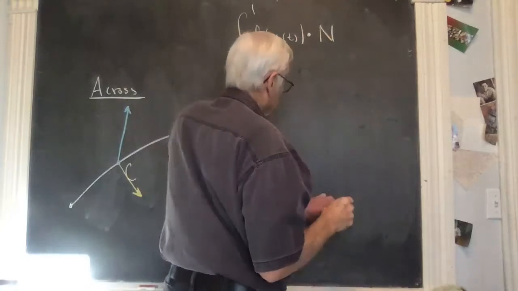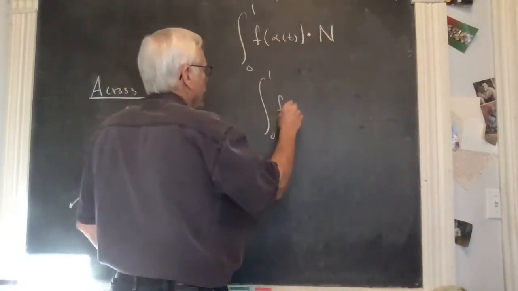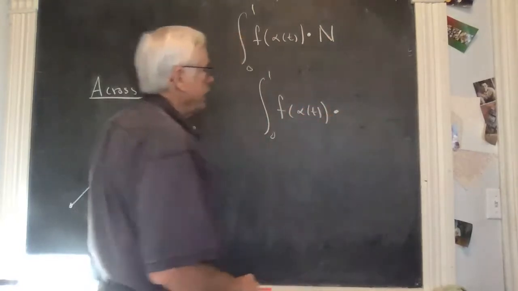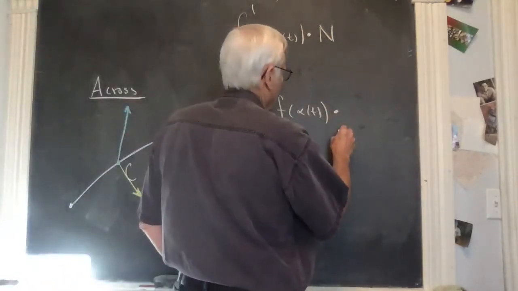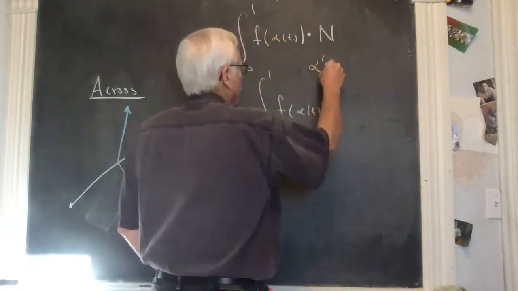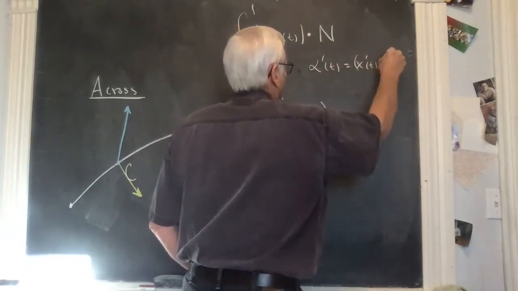This is kind of an intermediate step. F of alpha of t, and now we have to find n. Well, here we had alpha prime of t, maybe alpha prime of t is x prime of t, y prime of t.